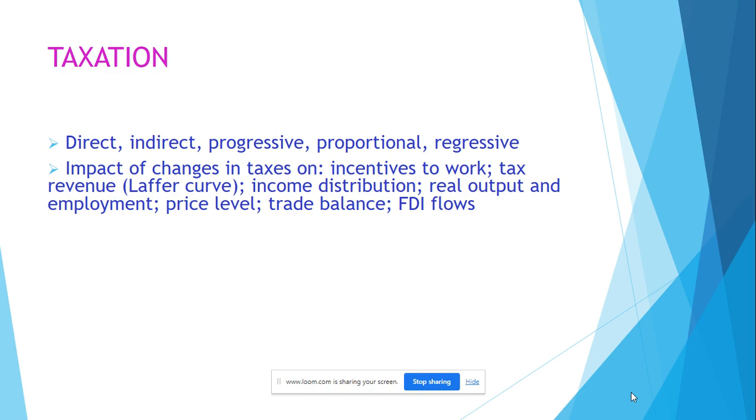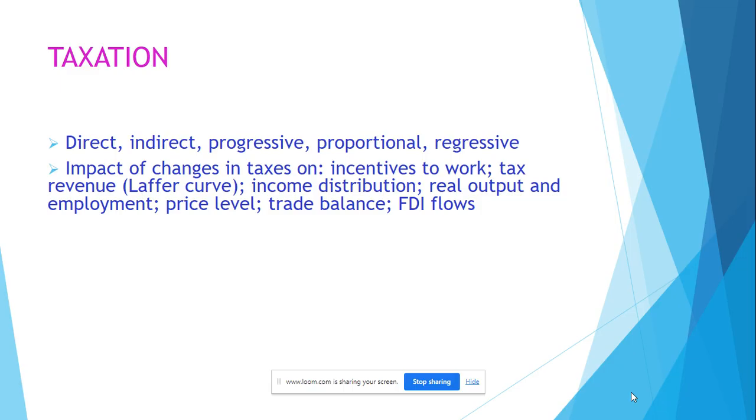If taxes are higher, that would be contractionary fiscal policy. That will decrease consumption and investment, which will decrease real output, ceteris paribus, and unemployment would increase. So taxation going up or going down, the tax rates will affect real output and employment, depending on which direction the tax rates are changed.